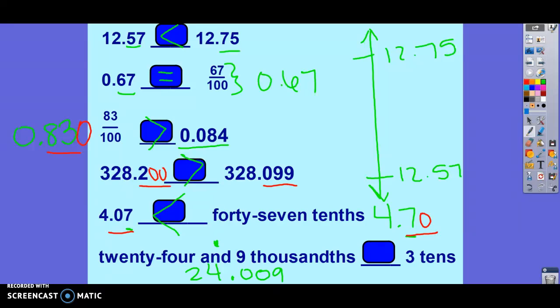Counting by tens 3 times, 3 tens is 30. Which one's larger? And if I want to add decimal places after the decimal, I can do so. Which one's larger? 24 and 9 thousandths or 3 tenths, 30? The correct answer is 3 tenths, 30 is larger.